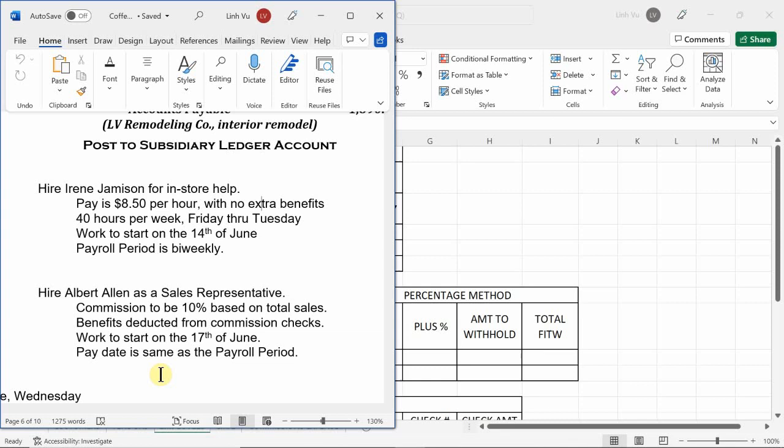Now, in this case, we hired Albert as a sales representative. And in this case, we did not specify what he earns. We only said that he earns 10% of commissions. So in this case, right, what does this sound like? What did we hire Albert as?